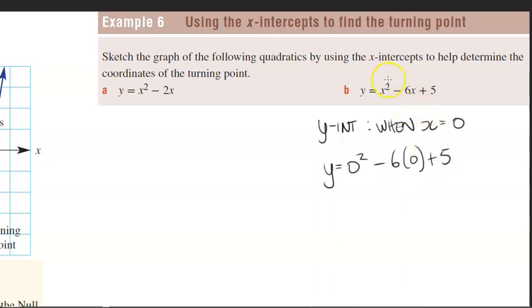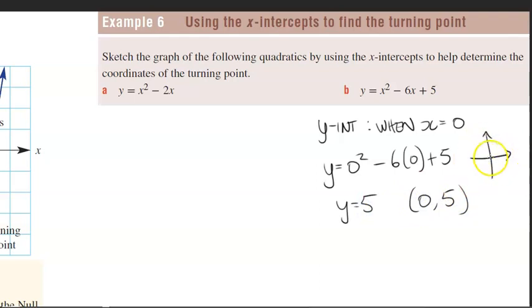When we're trying to find a y-intercept, it is just what this thing tagged along at the end is. So this is equal to 0 minus 6 times 0, which is 0, plus 5, this is 5. So at 0, 5, we have a y-intercept.